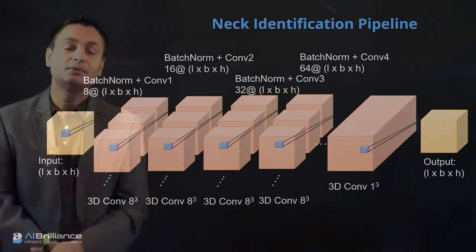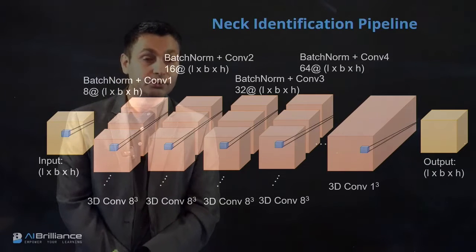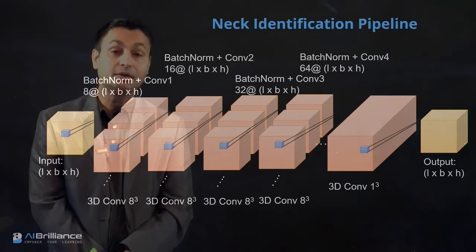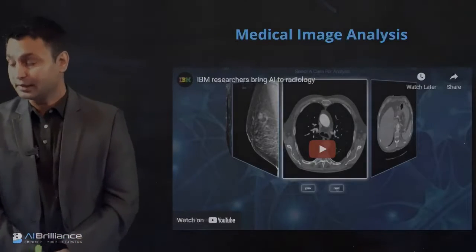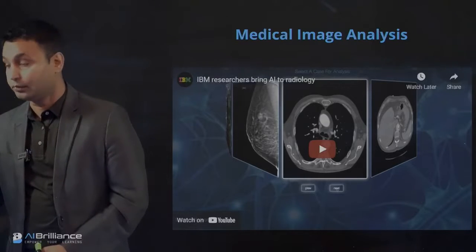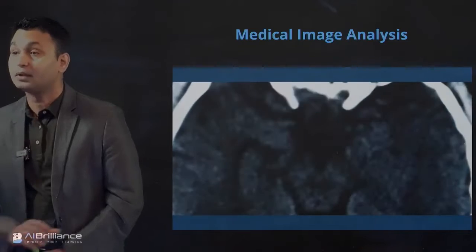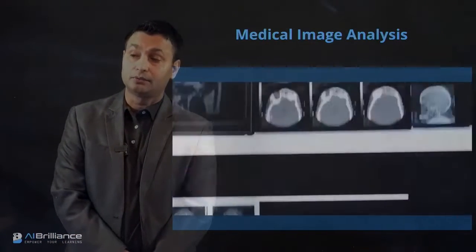So this is an example where convolutional neural networks are currently being used in the biomedical domain for image processing of images coming from doctors and so on. Okay, here is another example that I want to quickly show you, where medical image analysis is carried out by a convolutional neural network.